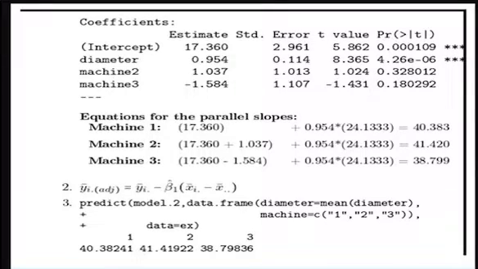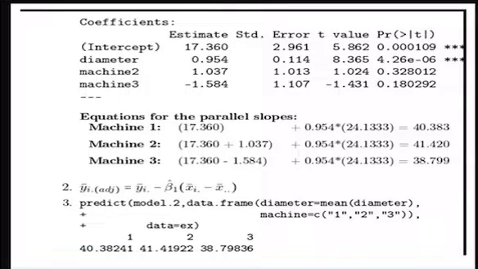y bar i dot adjusted equals y bar i dot minus beta hat, then in the parentheses, x bar i dot minus x bar dot dot. The x bar dot dot is the overall mean of the diameter. The x bar i dot is the mean of the diameter per group, of the machine.